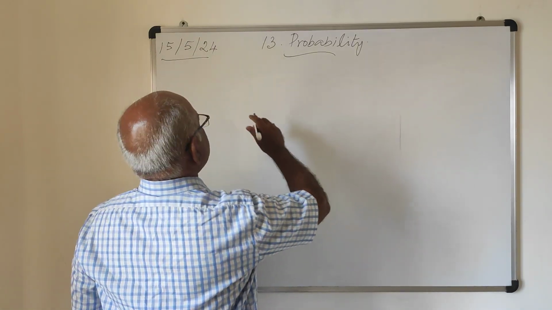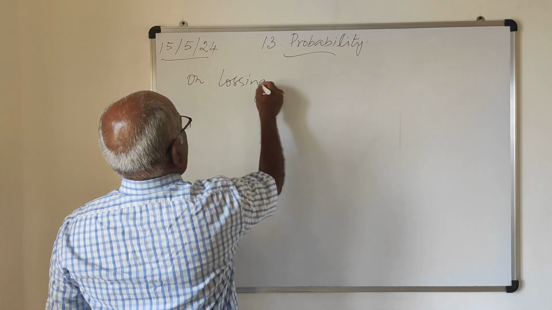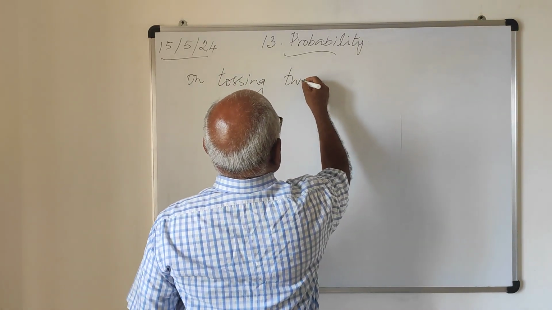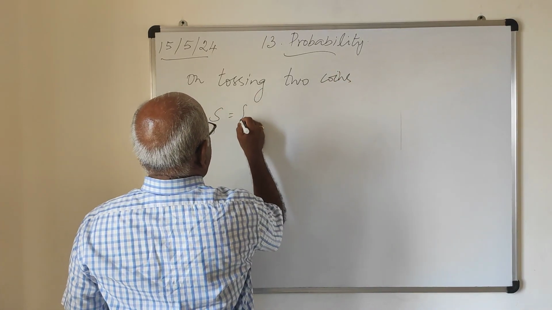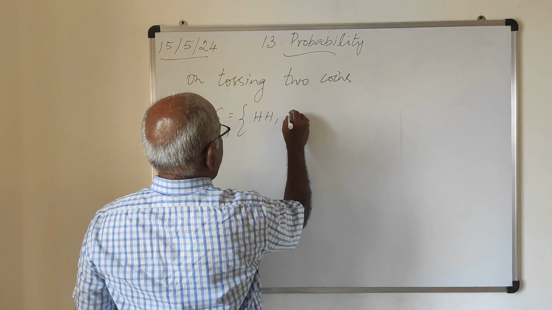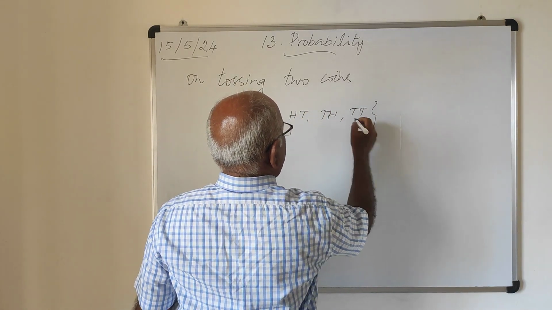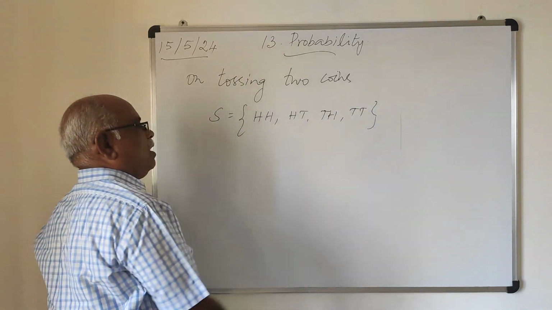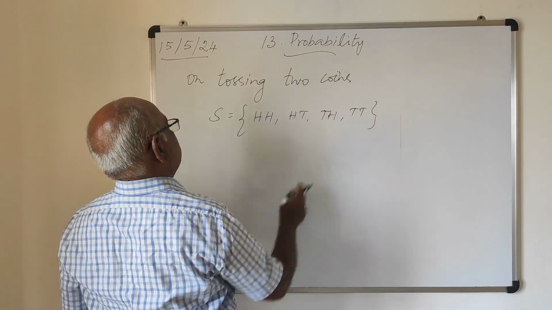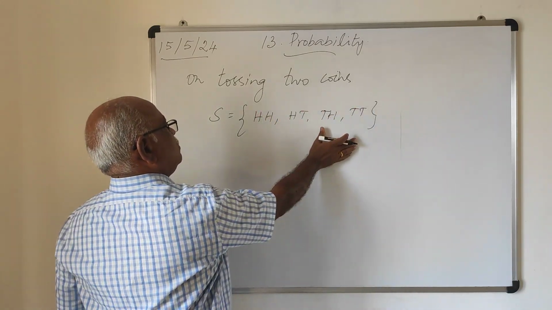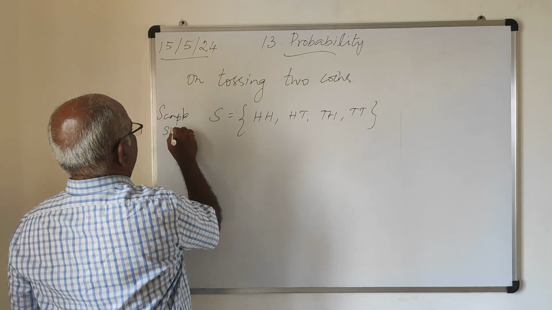On tossing two coins, the sample space S is HH, HT, TH, TT. These are the four outcomes on tossing two coins. All these four outcomes constitute the sample space. S is the sample space.